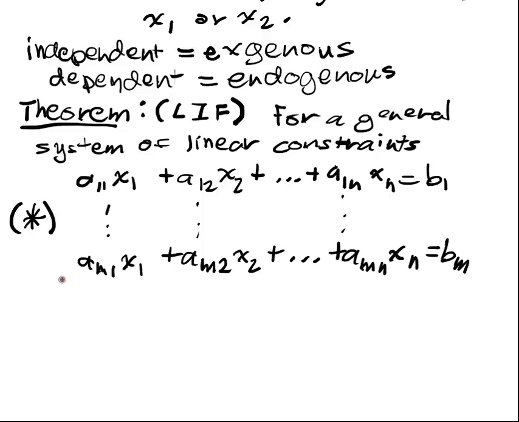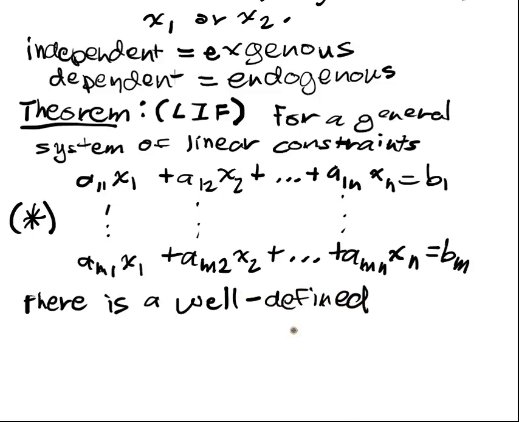So for a general system of linear constraints like this, there is a well-defined, that is, if I put in an input, then I get exactly one output, right? So there's a unique solution, right?